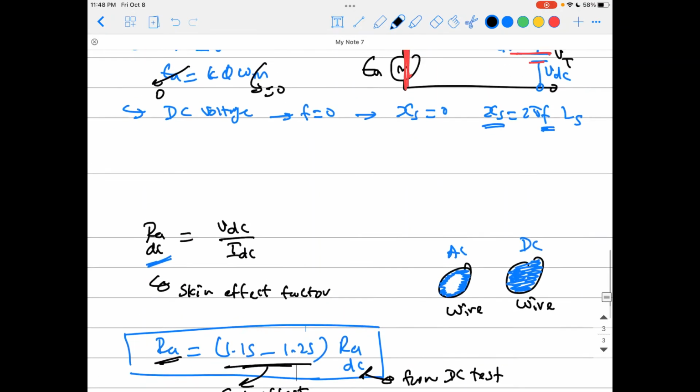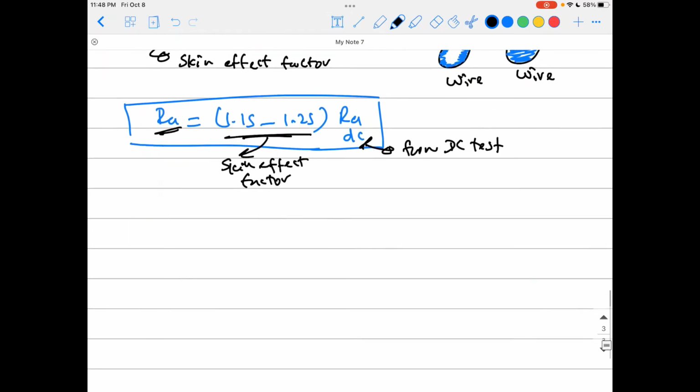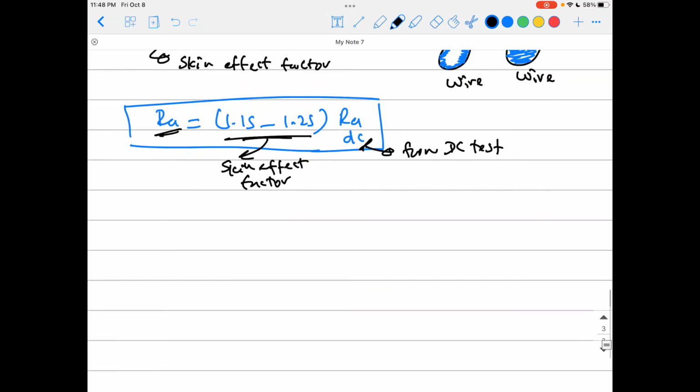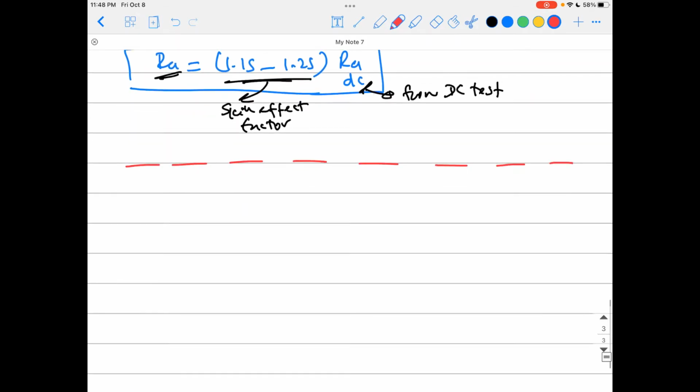Okay, so that was the first test, and now you have RA. But what about XS? We need to find XS now, the synchronous reactance. Now we need two tests; it cannot be performed with just one test.